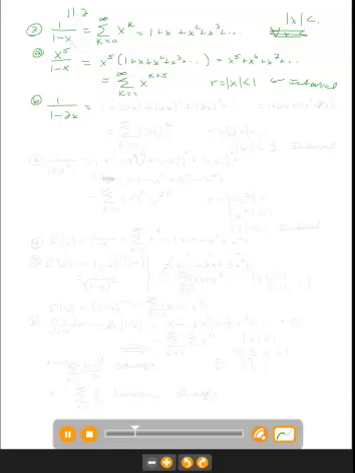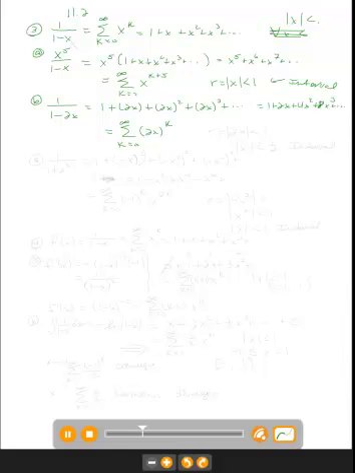So the list of terms would be 1 plus 2x plus 2x squared plus 2x cubed plus dot dot dot, which would reduce to 1 plus 2x plus 4x squared plus 8x cubed plus dot dot dot, which would turn into the summation k equals 0 to infinity of 2x to the k. All you do is replace the x with a 2x.